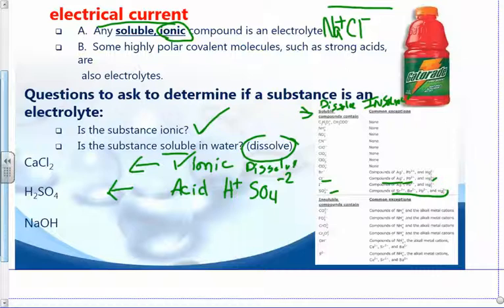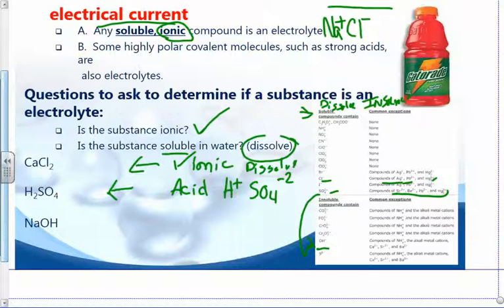The last one is NaOH. Is that an ionic compound? Yes, it is. Na is +1 and OH is a polyatomic ion. So we're going to look over here to see if OH, or hydroxide, is soluble in water. And we see down here that no, it is not. It is insoluble in water. So if it's insoluble in water, that means it is not going to break apart. It will not dissociate. But there are some exceptions.